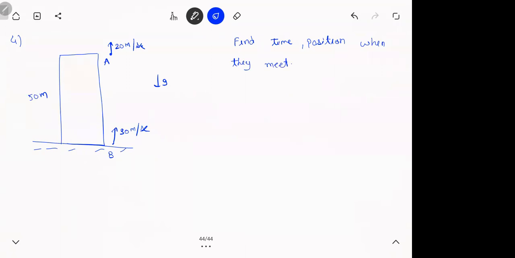So what we're doing right now is relative motion in one dimension. Next class we'll do relative motion in projectile.